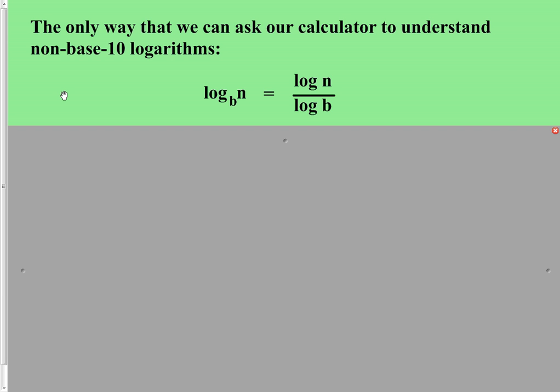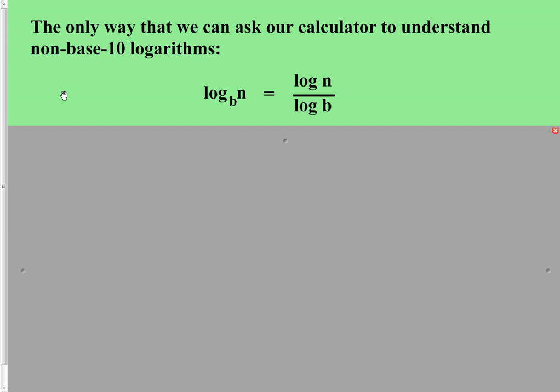If you have log of some weird base b, and then you have an argument n, the mathematics behind this is to say that this is a ratio, a fraction, and in the numerator is log of whatever the argument is, divided by log of whatever the base is.